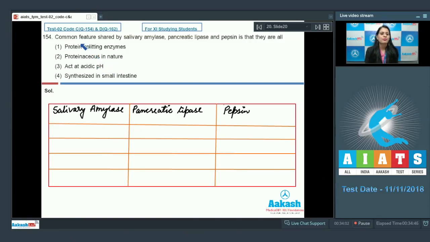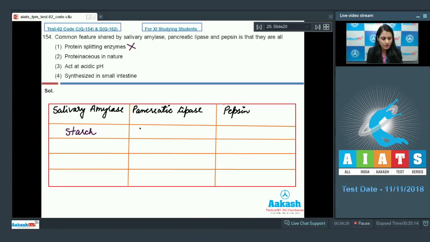Question number 154. Common feature shared by salivary amylase, pancreatic lipase and pepsin is that they all are. The very first option given is protein splitting enzymes, and this is an incorrect option because salivary amylase acts on starch and not on protein.